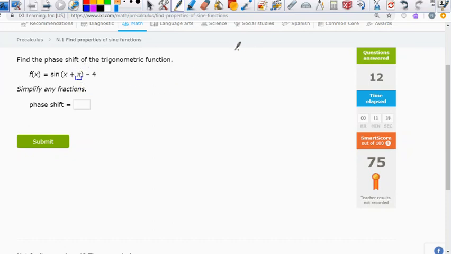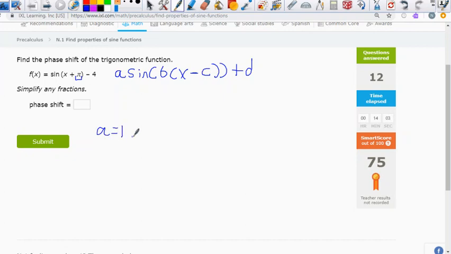So this is the general form of a trigonometric function, or at least for sine. A times the sine of b, x minus c, plus d.